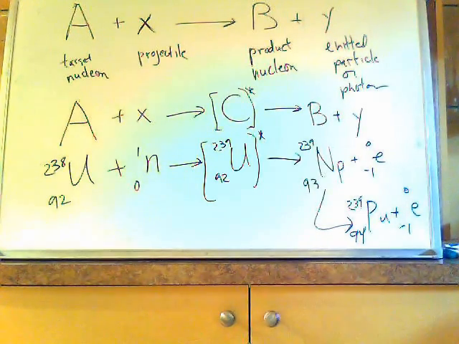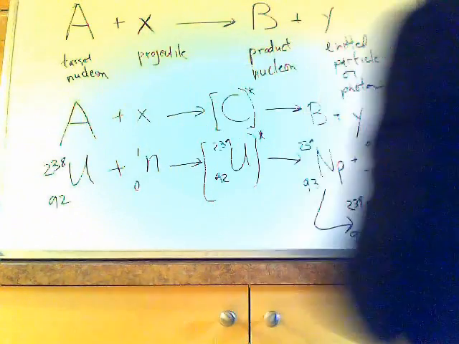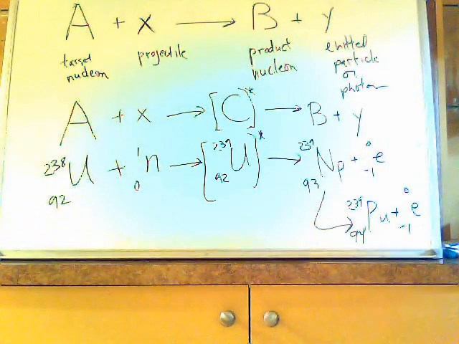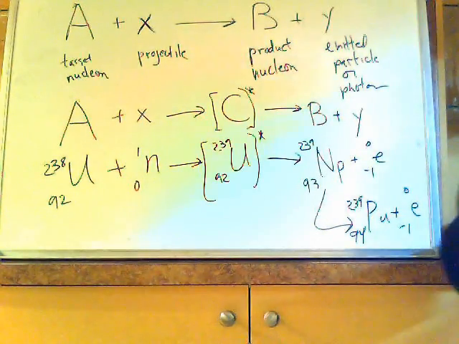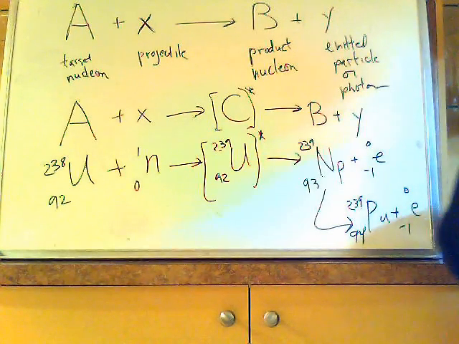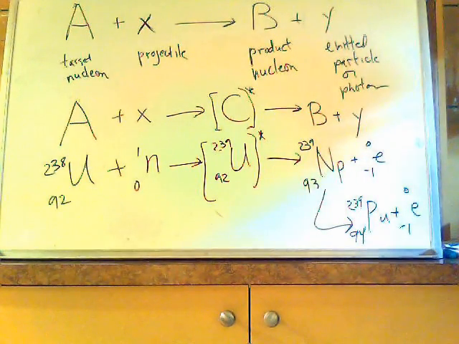So for instance, if we add up the masses of the individual reactants, an example that's given in your book on page 120 is the reaction of a common isotope of vanadium, vanadium-51, when it's irradiated with neutrons.